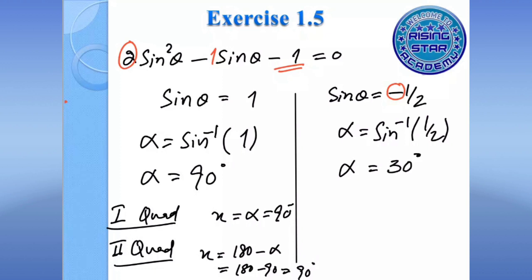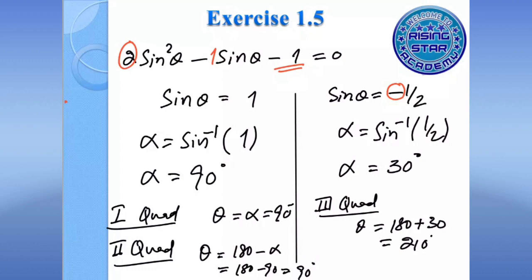So for the third quadrant, we will write theta equals 180 plus alpha, 180 plus 30, so that would become 210. And for the fourth quadrant, we will write theta equals 360 minus 30, that would become 330 degrees. So these are our two possible answers.